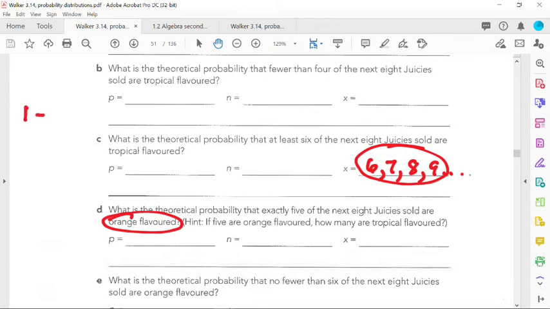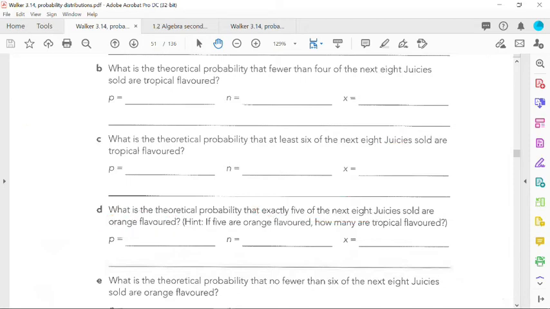But you could also simply find the number for tropical and subtract that from 1, because if they're not tropical, they must be what? Orange. And haven't we already done this one? Right? So just go back to the one you've already done, subtract that number from 1, and that way you don't have to go to the chart, you don't have to list anything, you just find it. Right? So watch out for questions that refer back to previous questions.